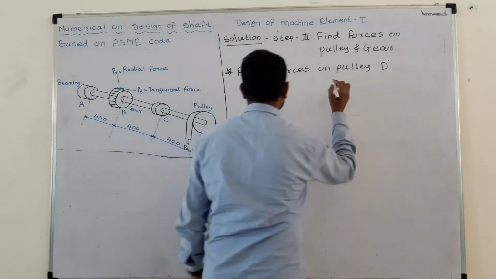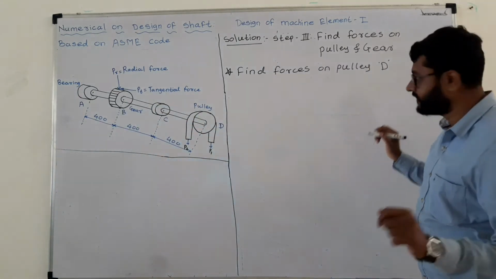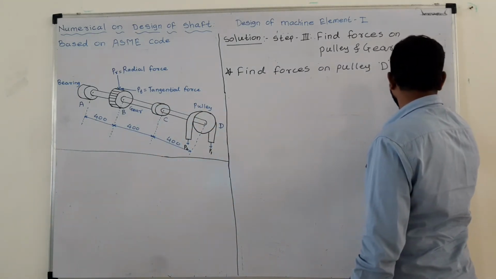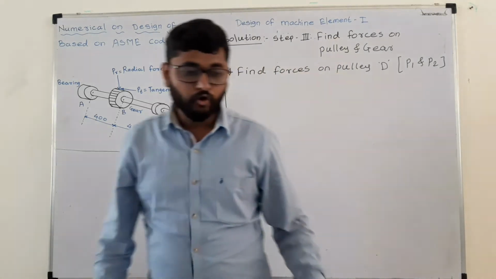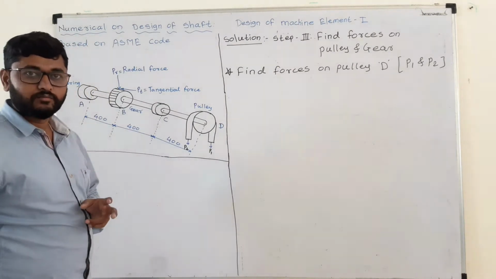So finding forces on pulley D means finding P1 and P2.